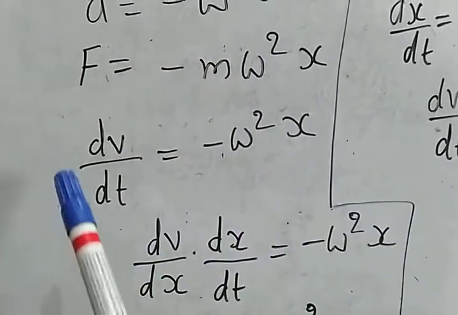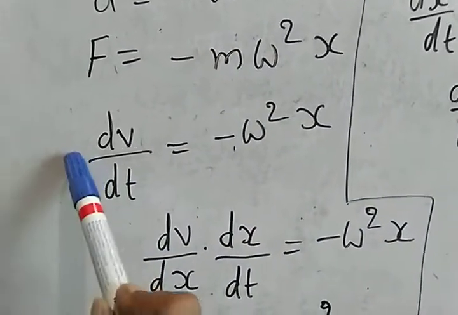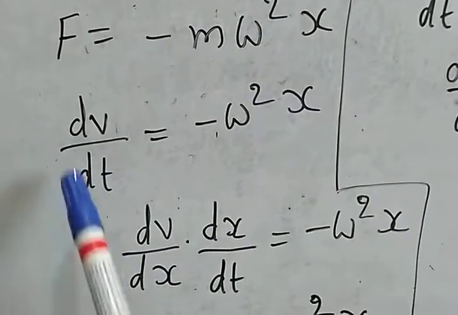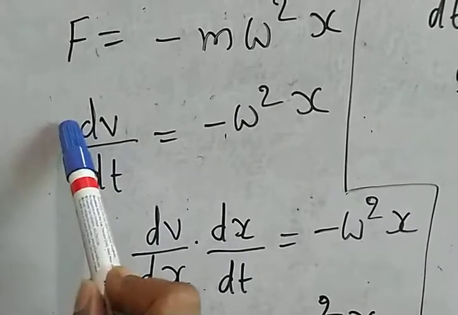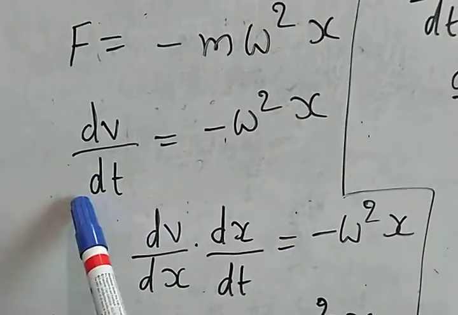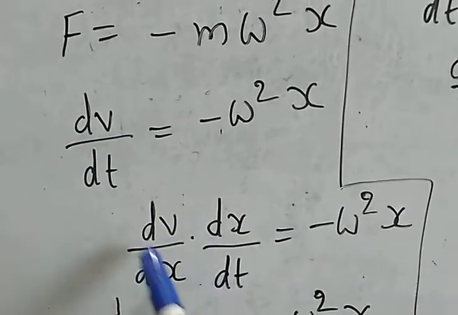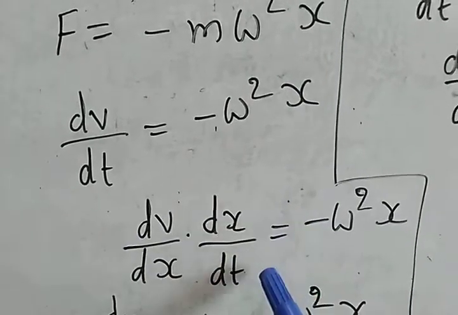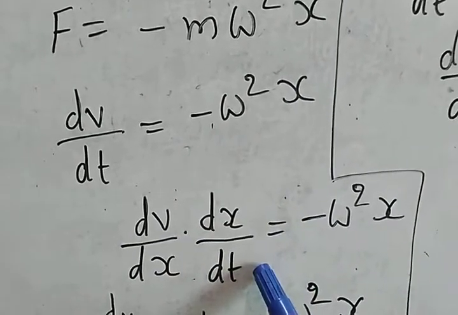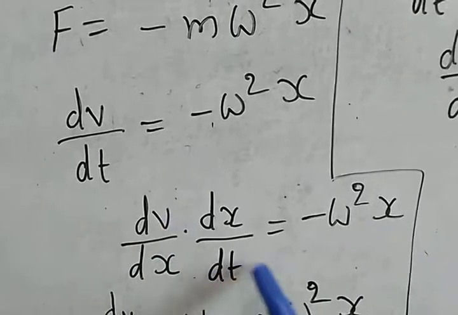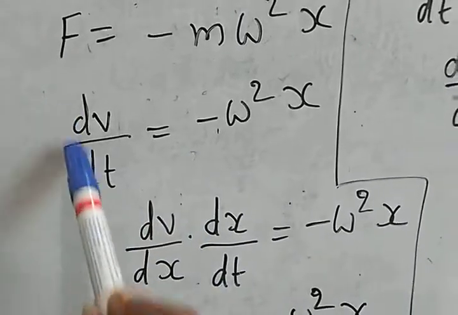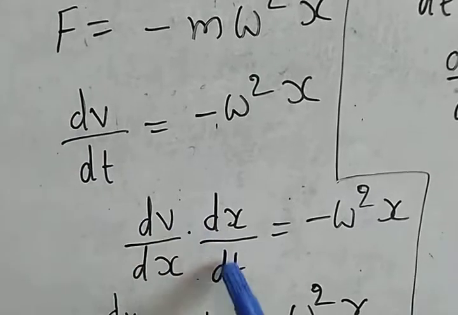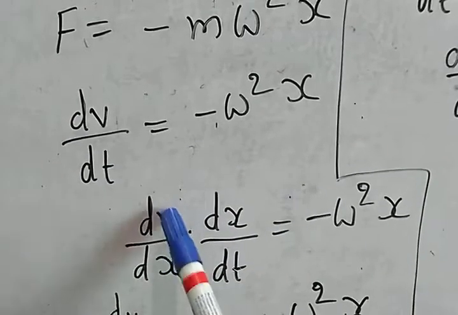We can also break this dv by dt. We can write dv by dx, not dt, dv by dx, and again dx by dt. We get same value like this, dv by dt. Here is dv by dt, so this is same value, dx will be cancelled, dv by dt.